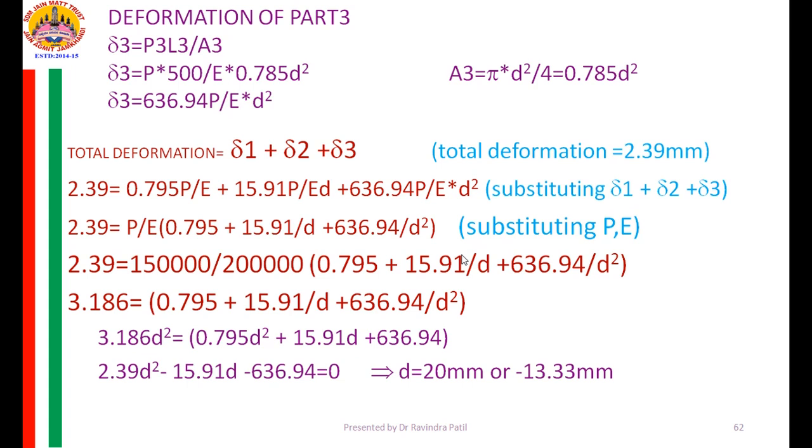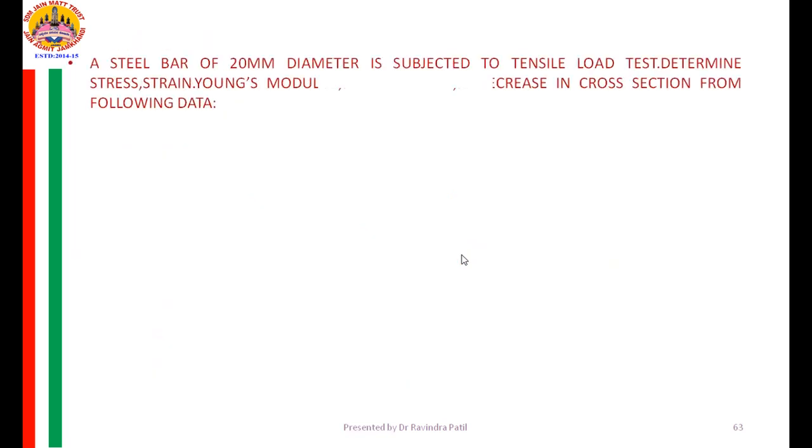Minus is not possible. Therefore, the permissible value of D is 20 mm. Required diameter of the bar D is equal to 20 mm. Yes, anything to ask here? Yes, we shall go for the next problem.